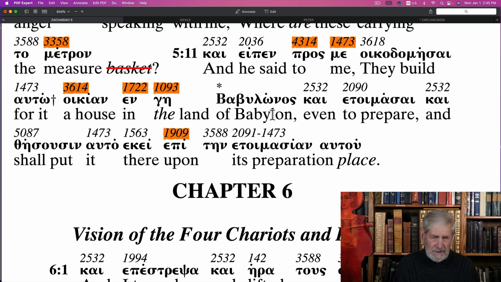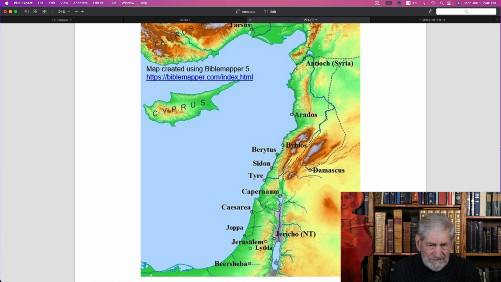Now, Babylon, they have already left Babylon, and they went back to Jerusalem. So this is not the city of Babylon, but it's a land of Babylon. Now, what could that land be? Well, to explain what I think this Babylon is, we're going to go into a study of the person of Apostle Peter. And Apostle Peter, have a map here, right here.